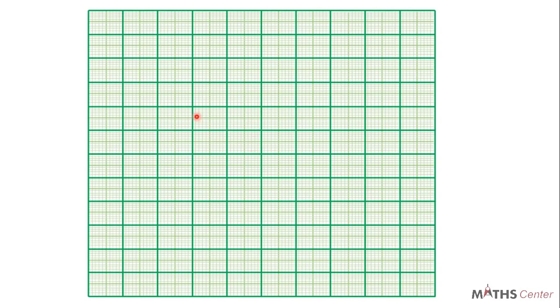We can see that some of the thick lines are horizontal, others are vertical. In the same way, some of the thin lines are horizontal, others are vertical. The horizontal thick lines are called horizontal major grid lines, and the vertical thick lines are called vertical major grid lines.